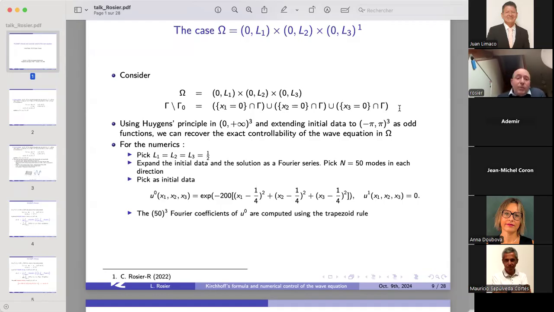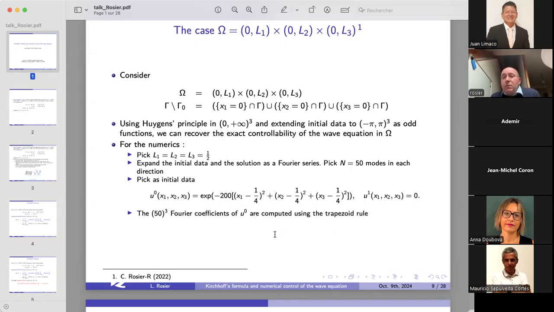And for the numerics, we did the following. We pick L1 equal L2, L3 equal 1/2. We expand the initial data as a Fourier series, and here we pick 50 modes in each direction. As initial data, we have considered this Gaussian for U0, and U1 is 0.